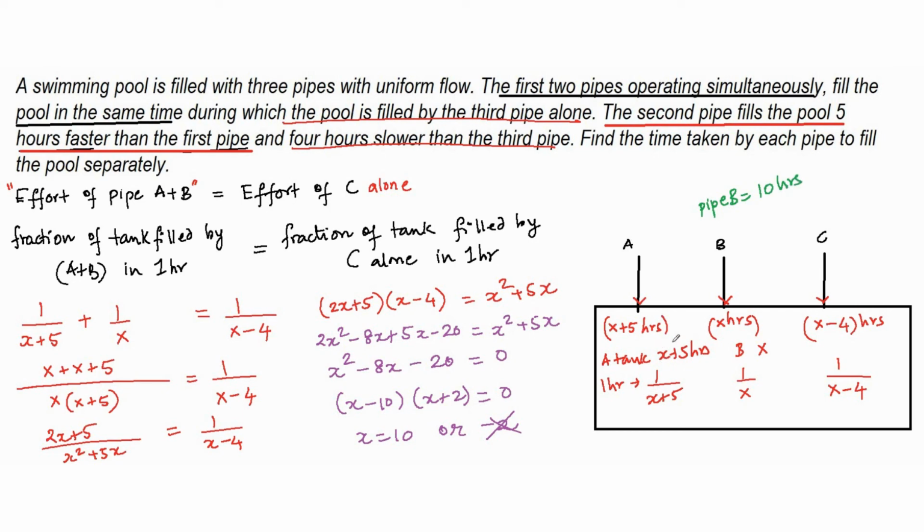Pipe A is 5 hours slower, that means pipe A will take 15 hours to fill the whole tank. And pipe C takes 4 hours less, so pipe C will therefore take 10 minus 4, that is 6 hours, right? This is the time taken by all the 3 pipes to fill the whole tank completely.